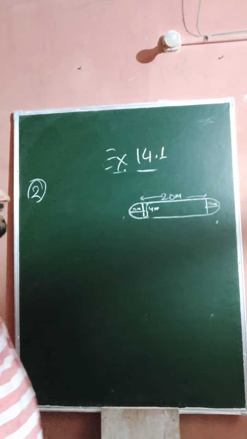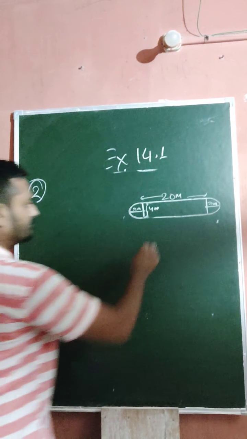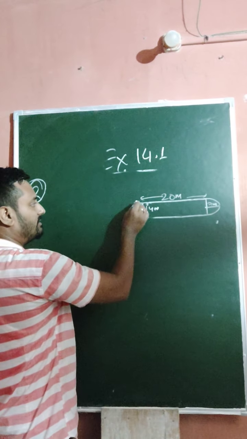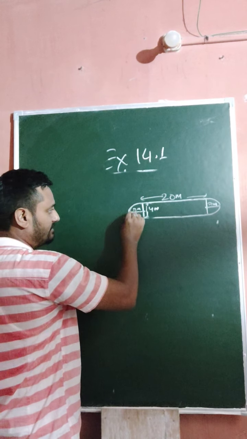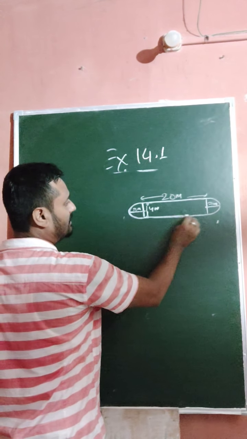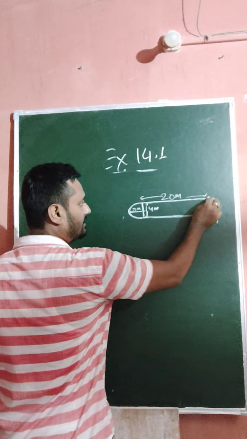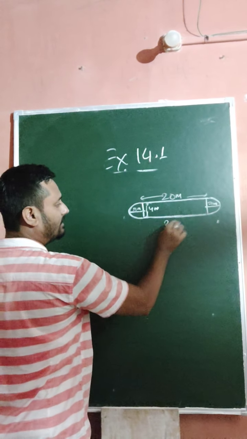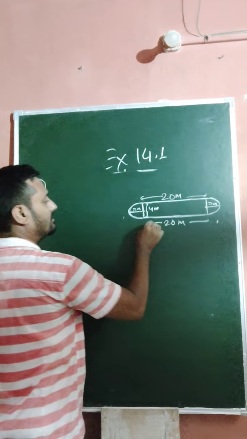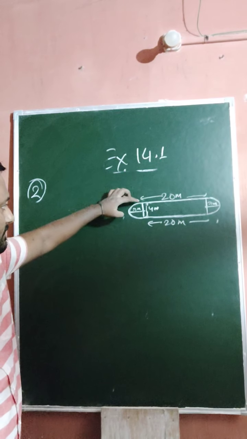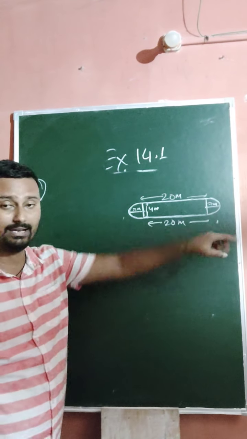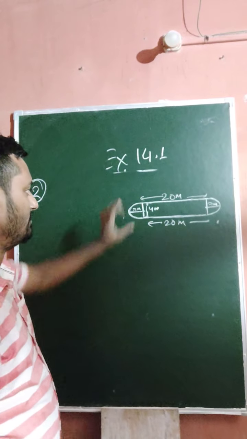Now we have to find the perimeter of the garden. Suppose you consider from this point, that is the length of this part, again the length of this part. If this is 20, then this is also 20 meter. Now we have to find just this part, and that will be the perimeter of the two semicircles.